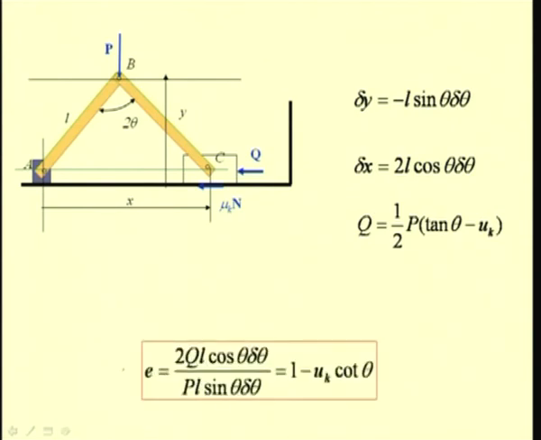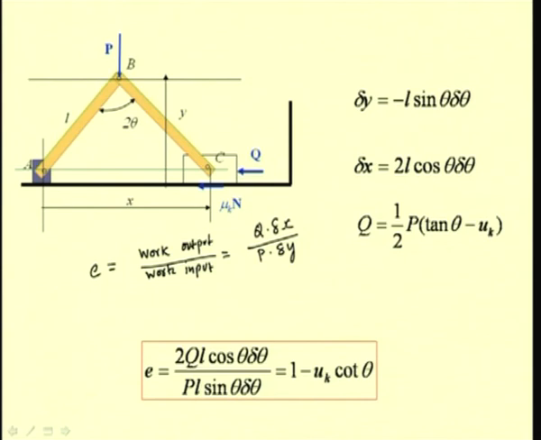So we can write efficiency E as the work output divided by the work input, which is equal to the work done in the compaction, that is Q times delta x divided by the input work, which is P times delta y.